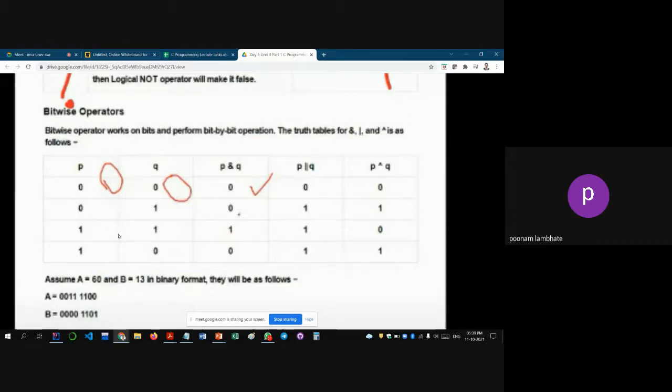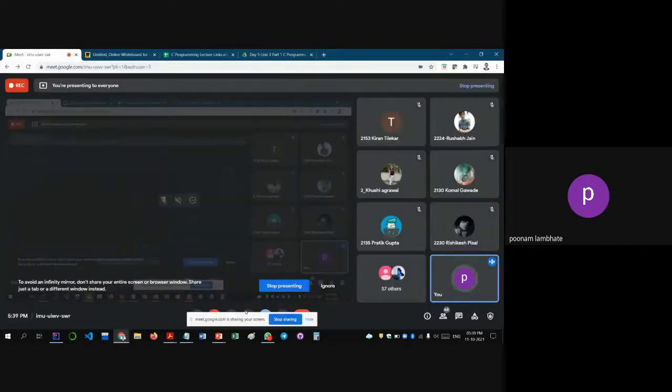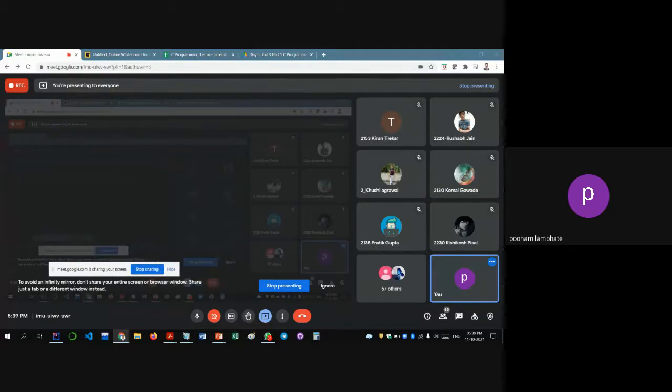XOR is nothing but, can someone define what is XOR operation? Do you know about it? What is XOR operation? I'm audible, right? Yes, sir.